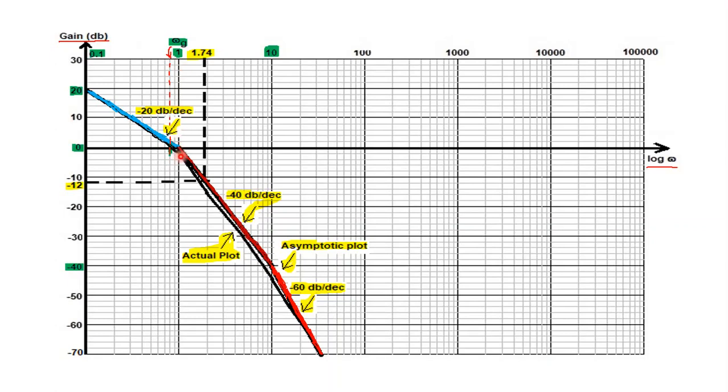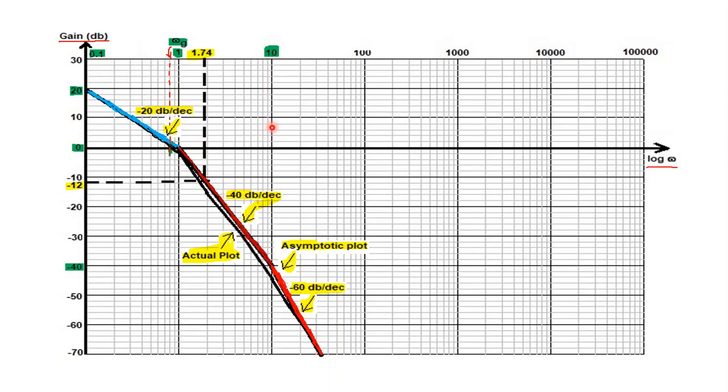So how much correction do we have to make? At the corner frequency minus 3 dB, then at 0.5 about 1 dB, minus 1 dB correction, and at 2 some 1 dB correction. This is for the first factor.